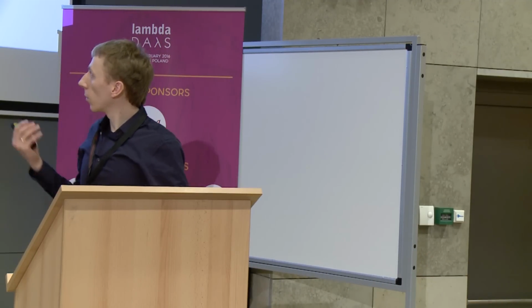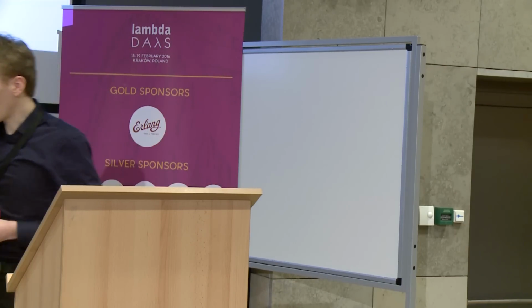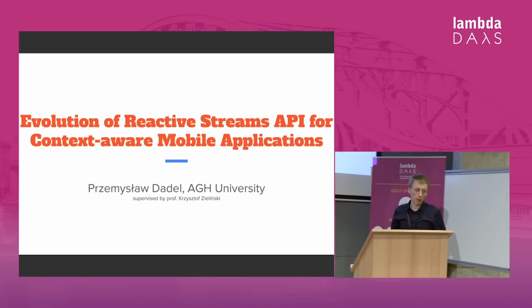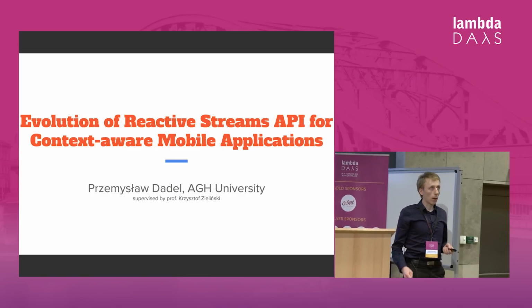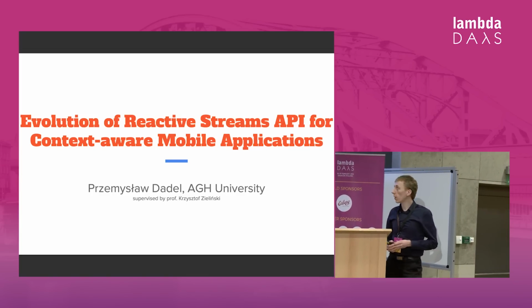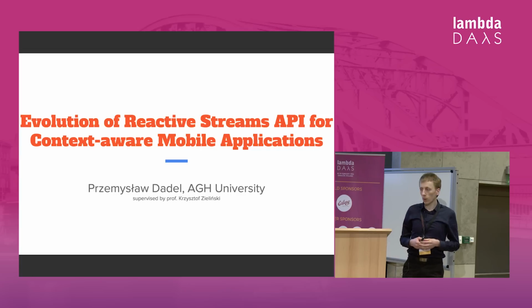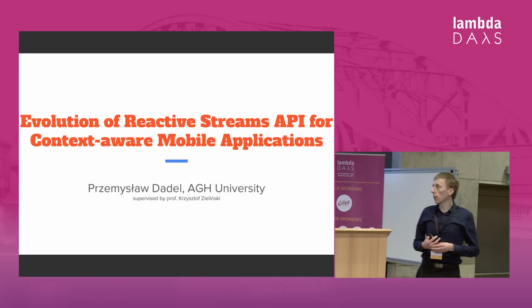And when we talk about mobile devices, context awareness comes close to these topics. But I have reactive streams in the subject of my presentation. So I'm pretty sure that most of you are familiar with the reactive streams concept, which is popular among these functional conferences.